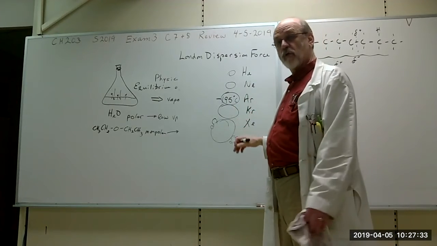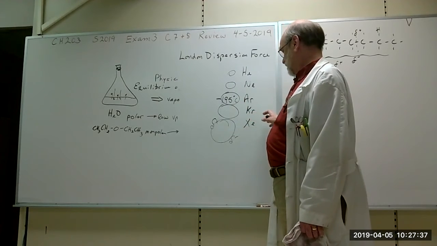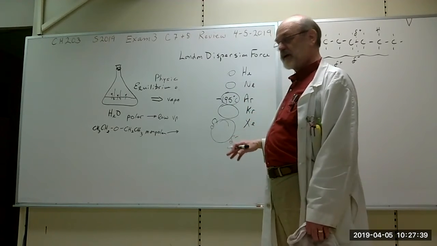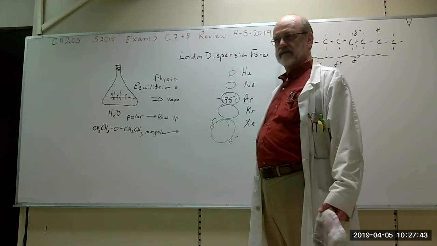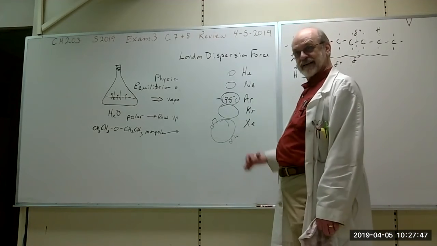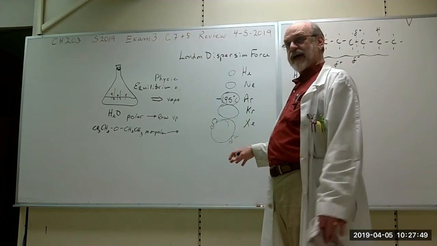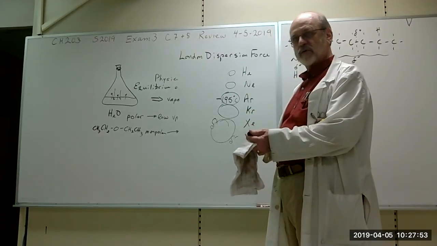Because they don't form compounds. They don't play well with others. So one theory would say they're ideal. Their gas is all the way down to absolute zero, but they're not, and we have to explain why that happens. And that's the explanation. London dispersion forces.